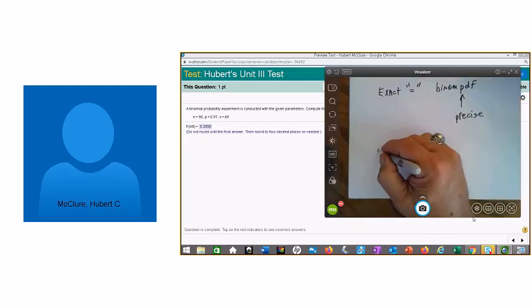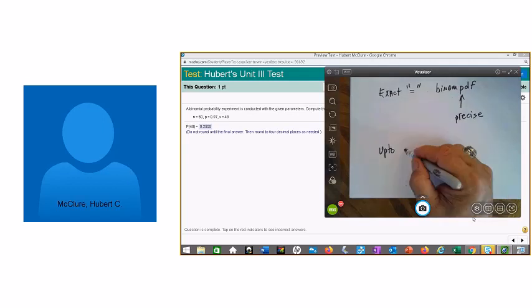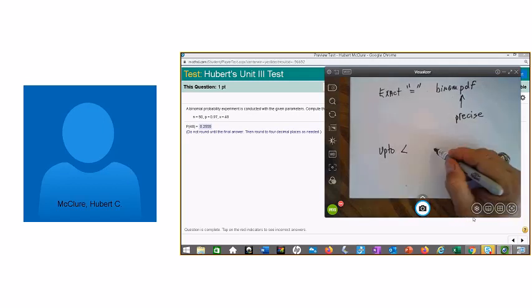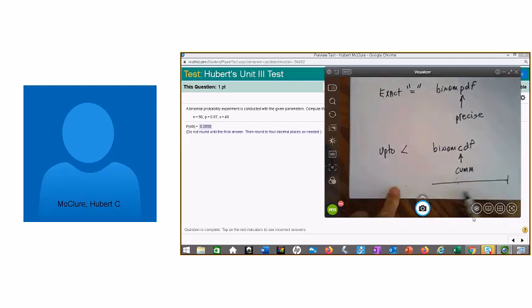Up to, which means less than, is binomial CDF, and the C means cumulative. So that would be like 0, 1, 2, 3, 4, 5, at most 4, or not at most.